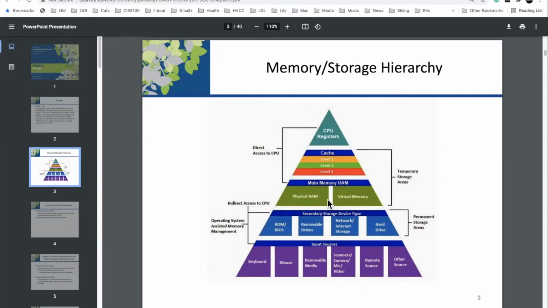We know that storage is static. A program sitting on your hard drive is static. It's just sitting there. Whereas a process in memory is dynamic. It's being executed. We know that all execution takes place in memory. So again, if I have a piece of data out on a hard drive and I want to change a word in a Word document, that document or a portion of it needs to be read into memory.